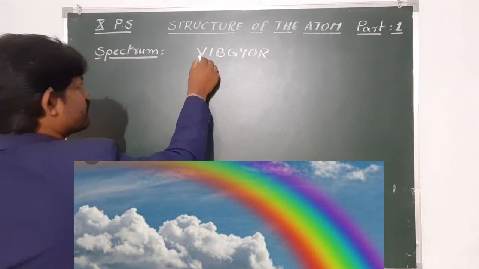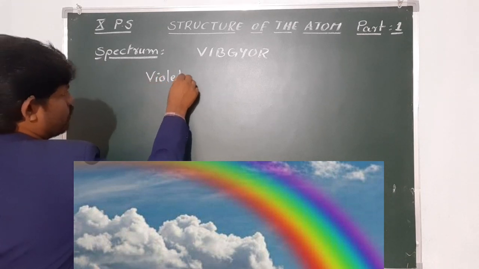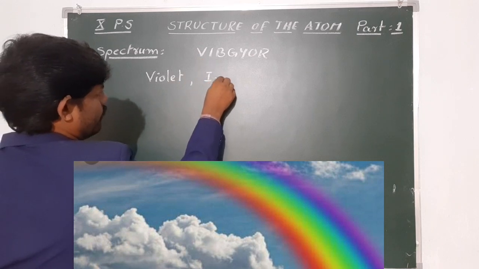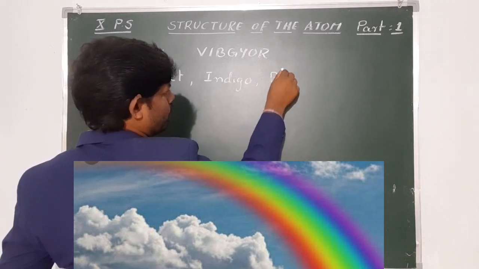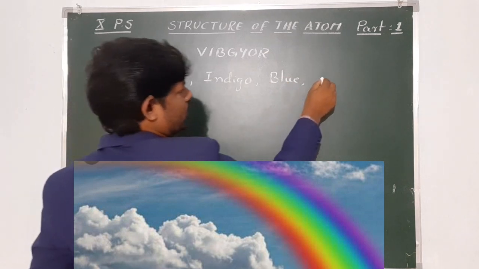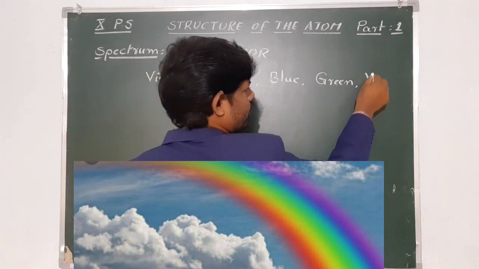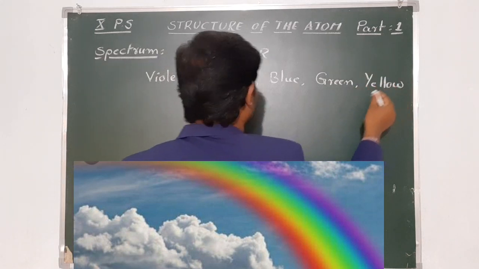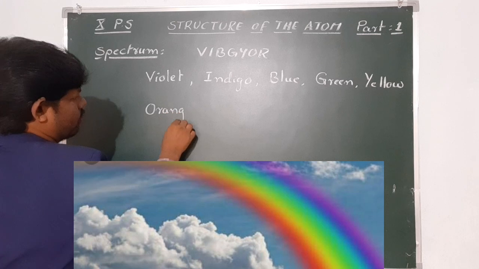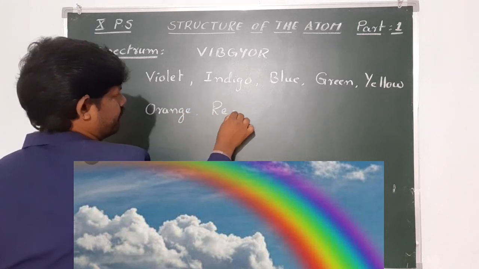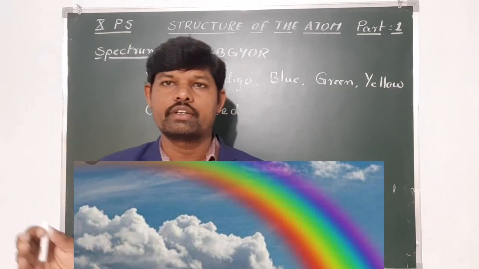V means violet, I indigo, B blue, G green, Y yellow, O orange and R for red. So these are the 7 colors present in the rainbow.